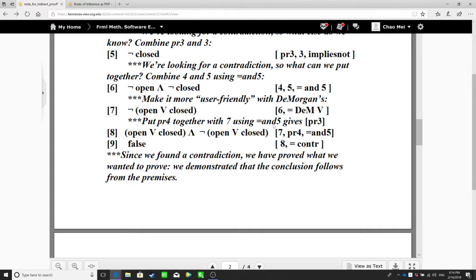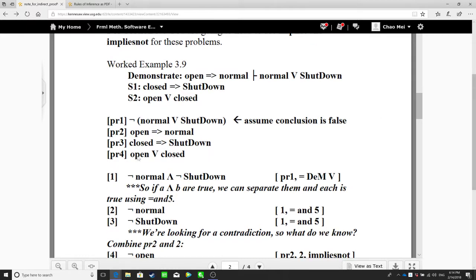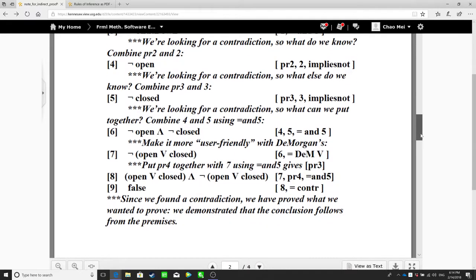So we have this: negation of open or closed. Let's look back at PR4. PR4 says open or closed. However, it's being deduced to negation of open or closed. So there is a contradiction. Open or closed, the other thing is negation of open or closed.